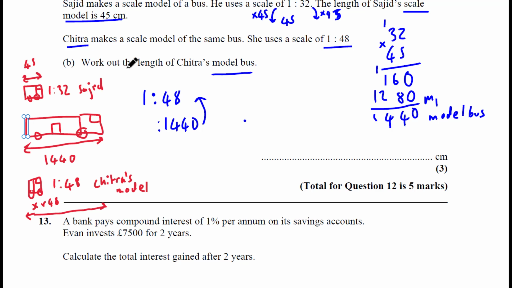Now I think I've just drawn a picture here so it actually will make some more sense to you. So this is the real length of the bus. This is not to scale. Now we know Sajid's bus is 45 centimeters, and he's 45 times 32 will make up the size of the bus.